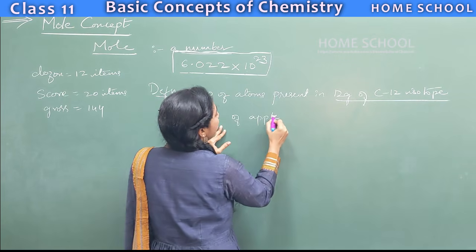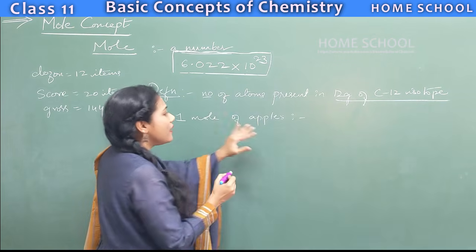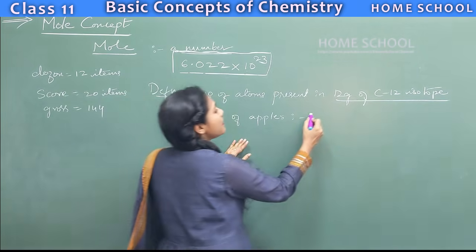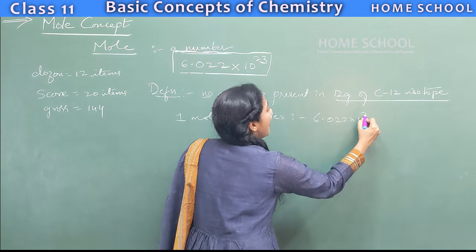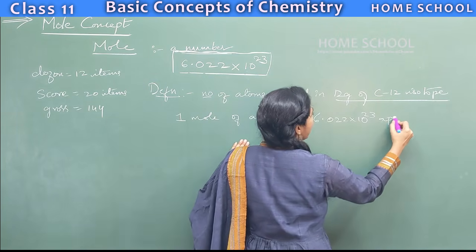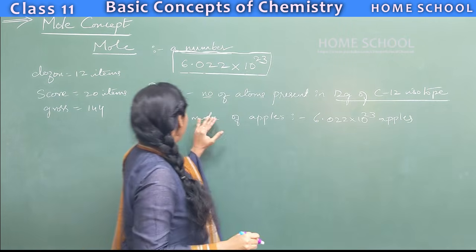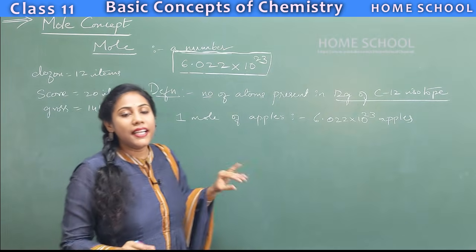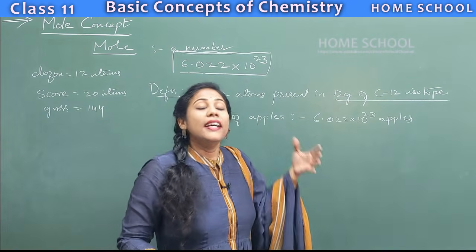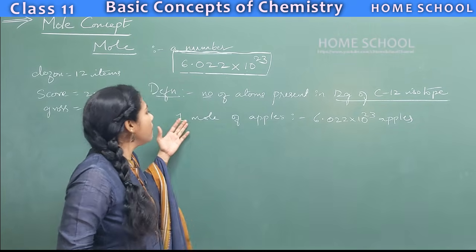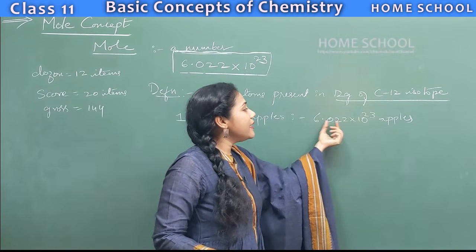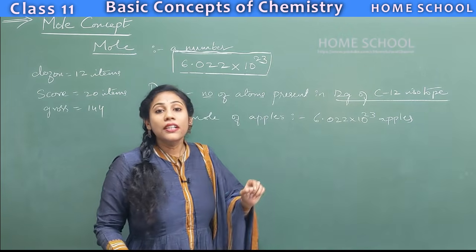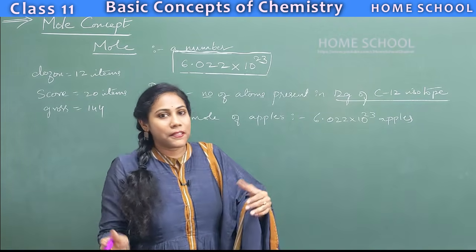What is the meaning of 1 mole of apples here? 1 mole of apples means it is 6.022 into 10 power 23 apples. Yes or no? See, 1 dozen of apples, if I say, it is 12 apples, right? In a similar way, when I say 1 mole of apples, how many apples am I talking about? It is 6.022 into 10 power 23 apples.